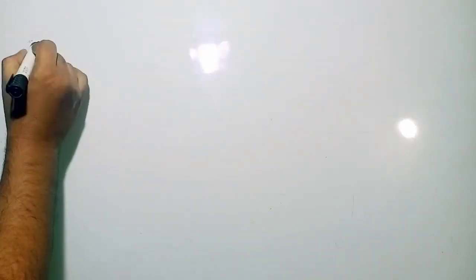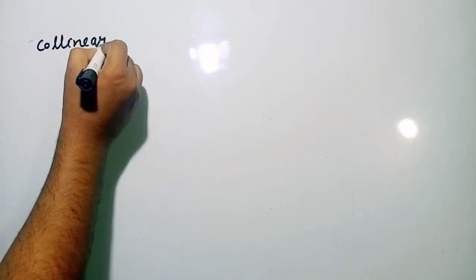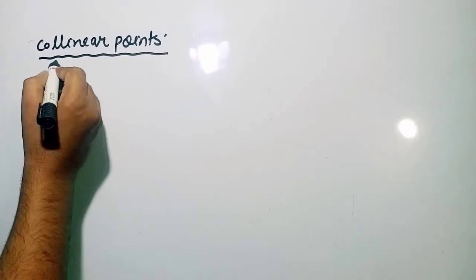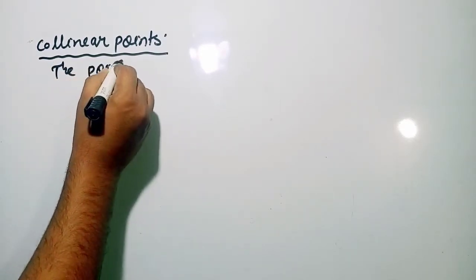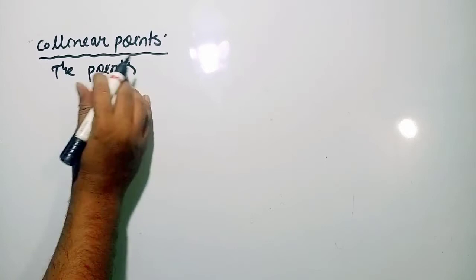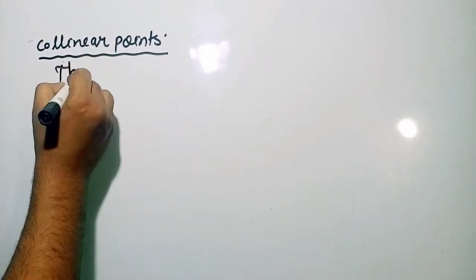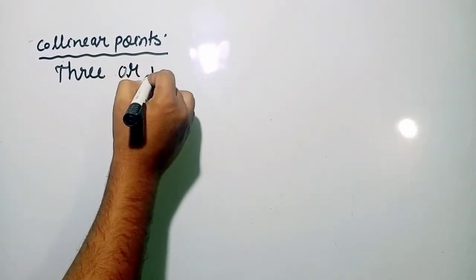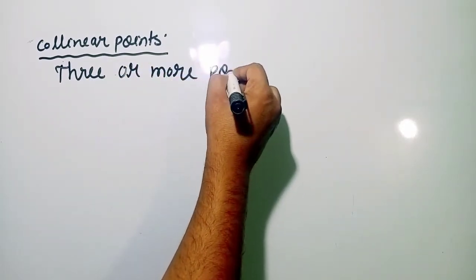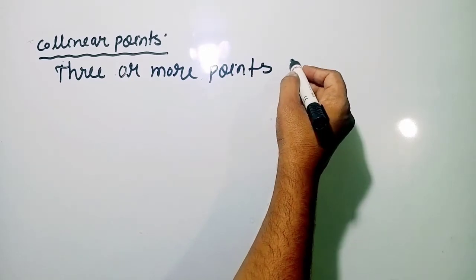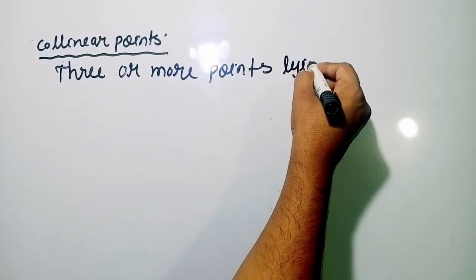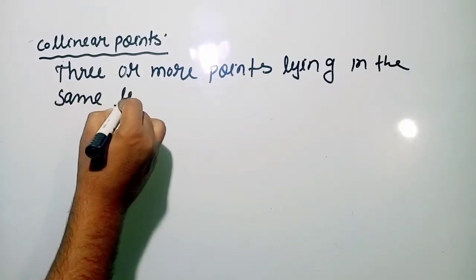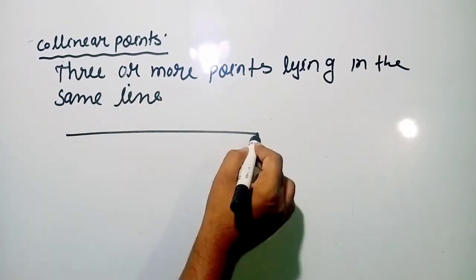Now collinear points. What are collinear points? Three or more points lying on the same line are known as collinear points.